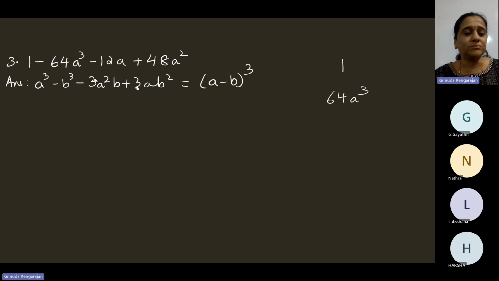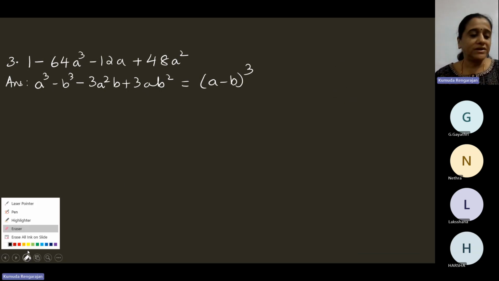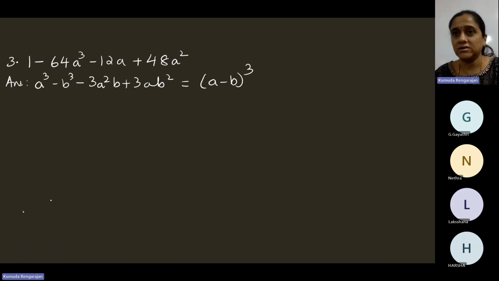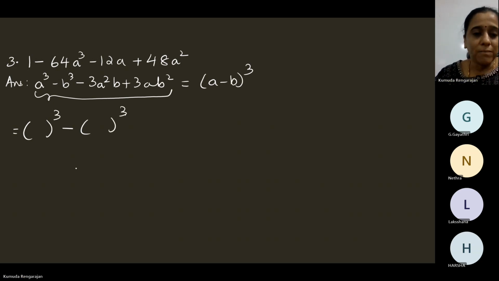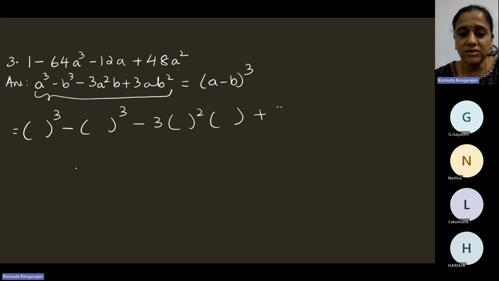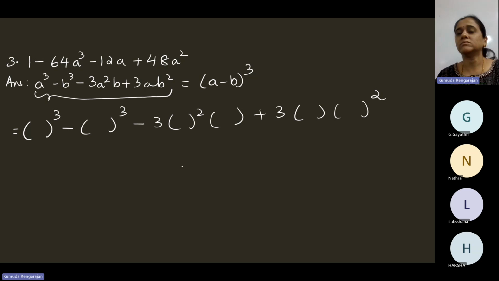Okay, so now what's the next step? You've identified the identity which has to be used to factorize this expression. So next is to present the given expression in this form. Let's do that. So a cubed minus b cubed minus 3 into a square into b plus 3a into b square, because we don't know the expressions for a and b.